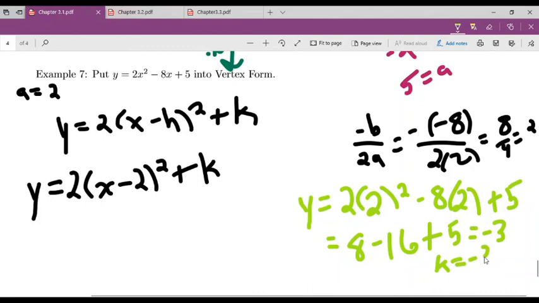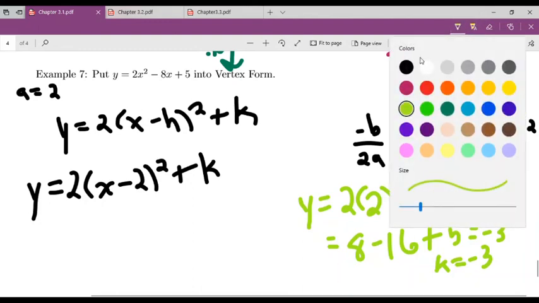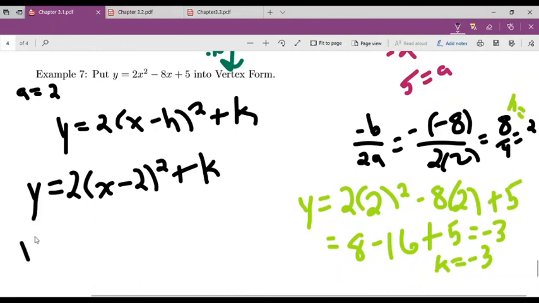Remember up here we found that our h was equal to 2. Okay, already plugged that part in. So if I get my finalized equation here, I get y equals 2 times x minus 2 squared minus 3.